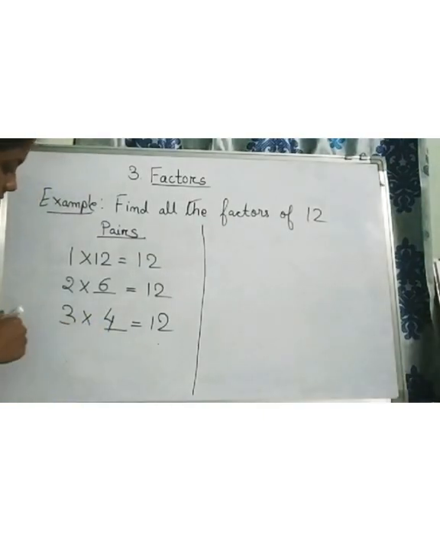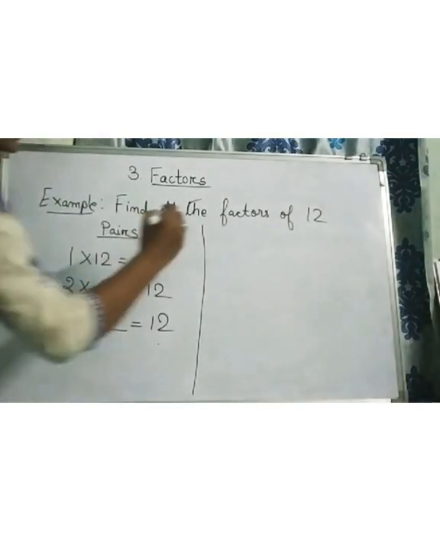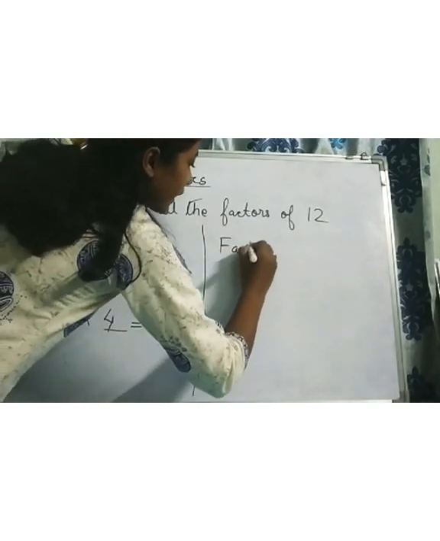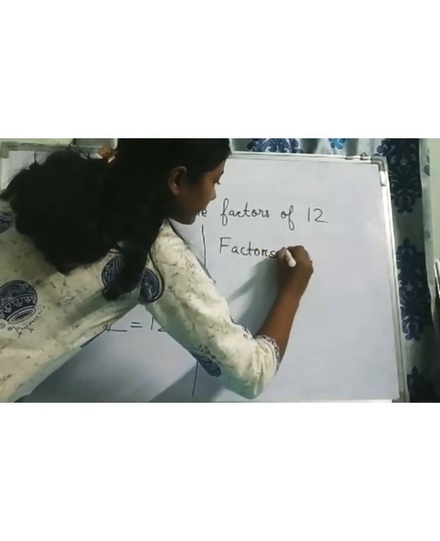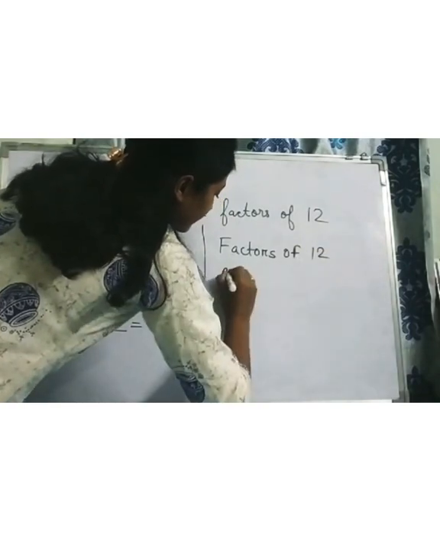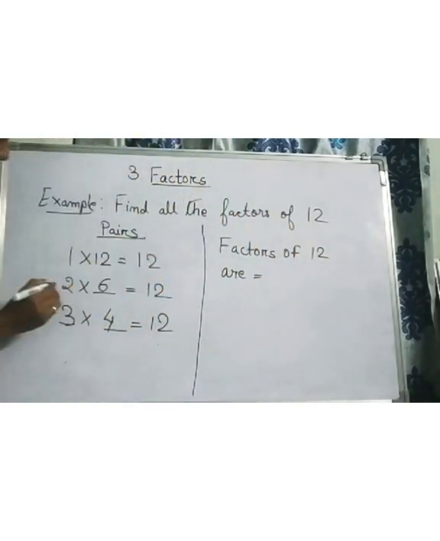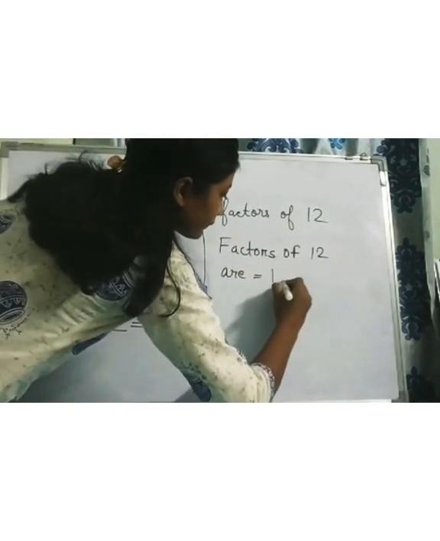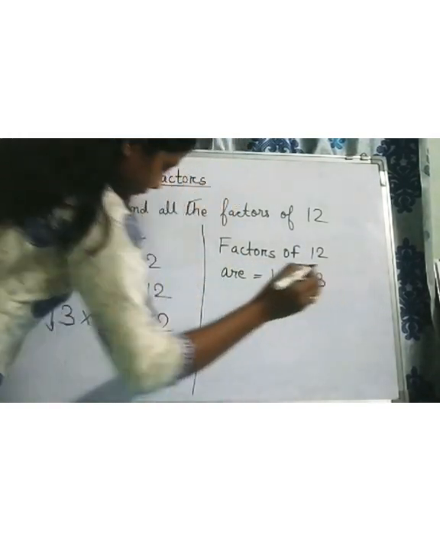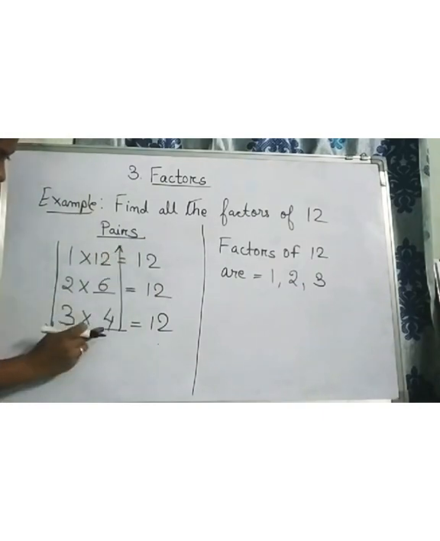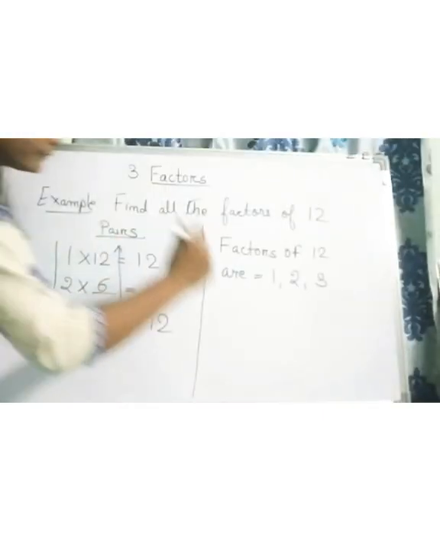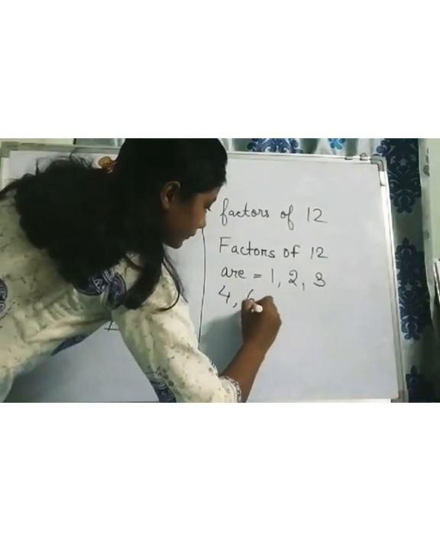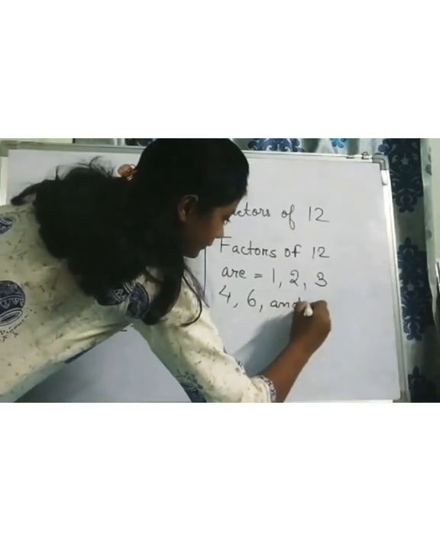So our factors of 12 are 1, 2, 3, 4, 6 and 12.